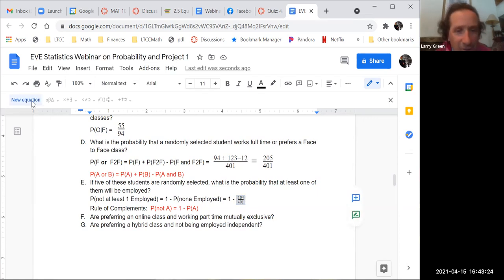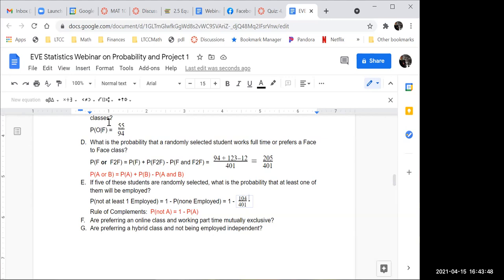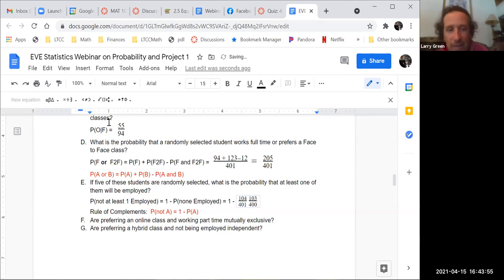But not only the first one, all 5 of them have to be not employed. Well, what's the probability that the first one is not employed, and that the second one is also not employed? How many left are there to be not employed? 103 over what? 400. Because we've taken that one non-employed person out.